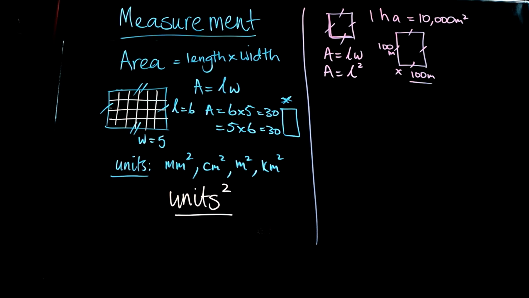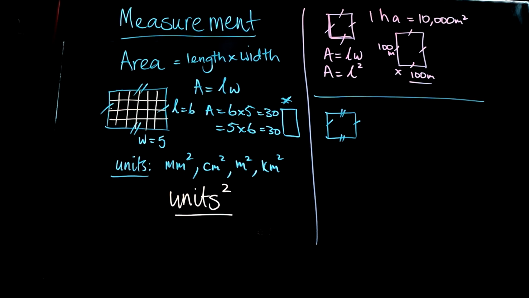Just while we're here, I think it might be worth running through a couple of little examples. What I'm going to encourage you to do is to draw. Quick little drawings like this don't take us long to do, and we can just include the units here.